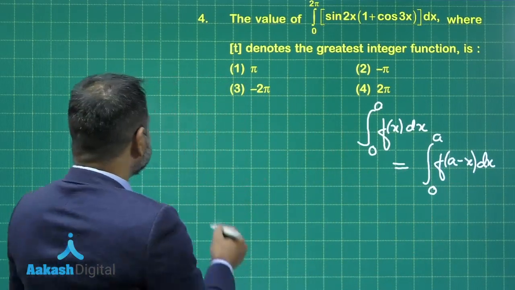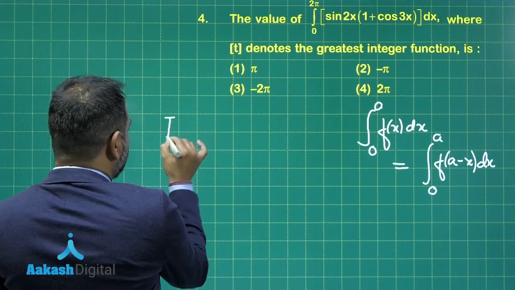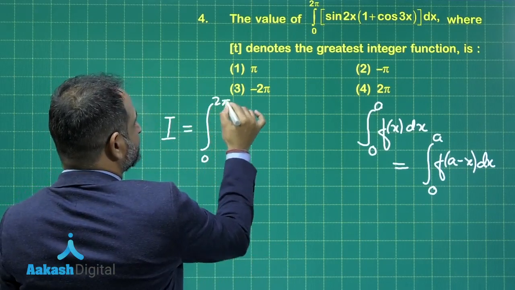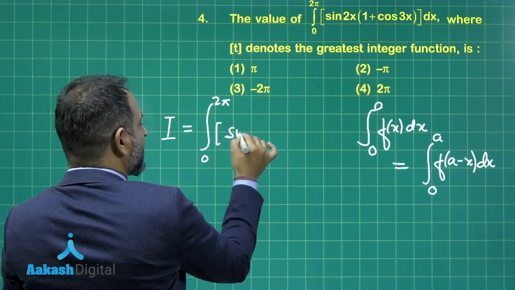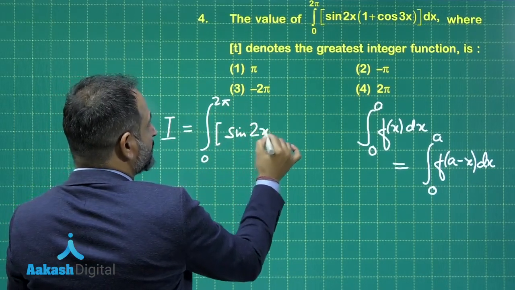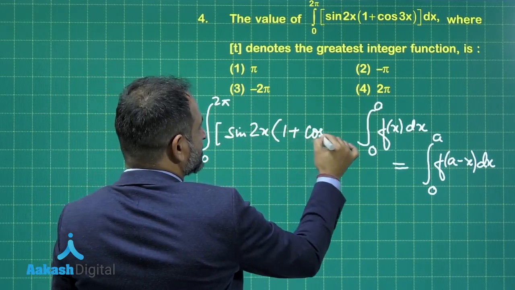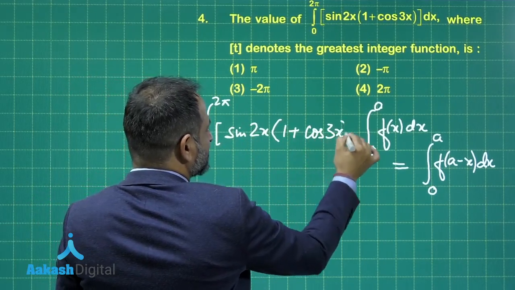Now let's say this integral is I equal to the integral from 0 to 2 pi. Now again writing the entire expression here, greatest integer of sin 2x whole into 1 plus cos 3x.